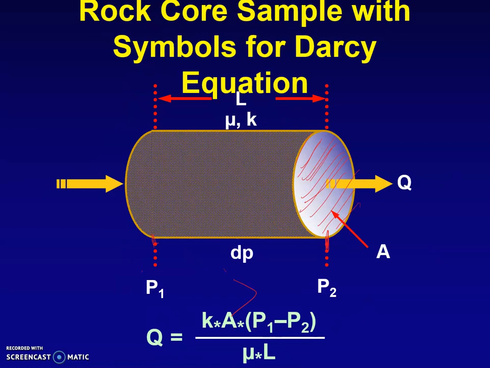So if you use atmosphere for pressure, centimeter for length, centipoise for viscosity, centimeter square for cross-sectional area, Darcy for permeability, and cubic centimeter per second for flow rate, this is the right set of units to use for this equation.